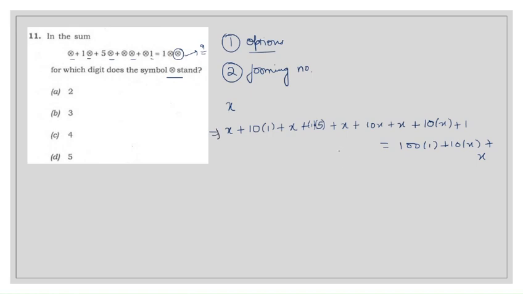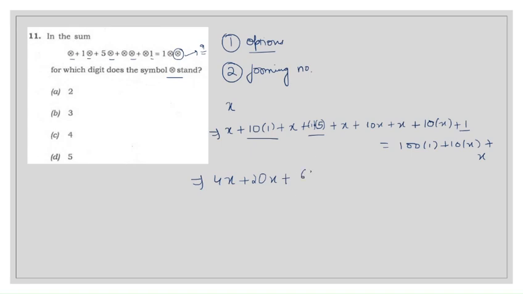Obviously, this method will be a bit lengthier, and solving by options is a bit quicker. So after we add these, first we'll cancel out the x on both sides. This will be equal to 4x plus 20x, which would be equal to 10, and then we have 50 here, and then we have 1.